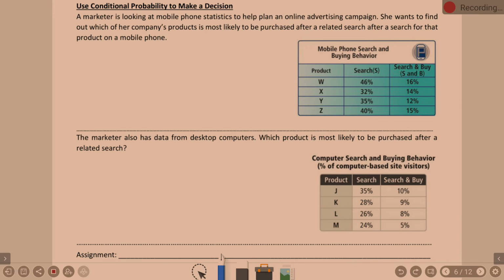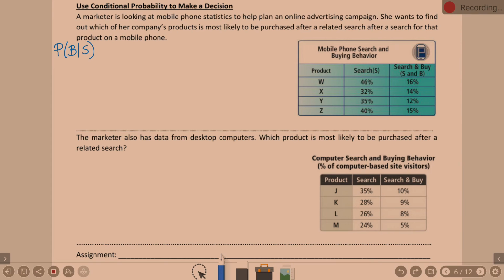Notice the two columns here. If we're trying to find the probability that someone's going to buy something, given that they previously searched it, I'm going to write it like this so you can see: probability someone's going to buy something, given they previously searched it.